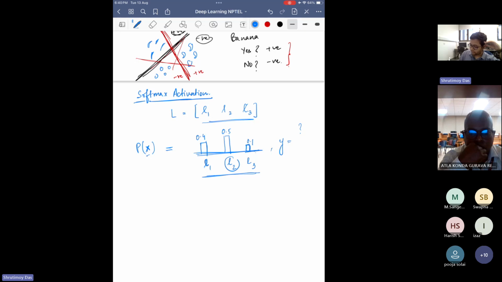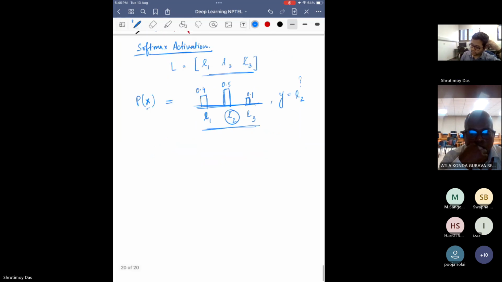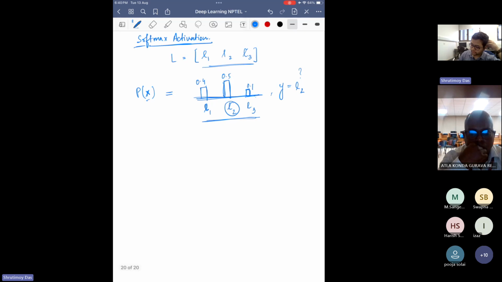Yes, L2, right? So why did you say L2? Because it has the highest probability. So whenever you are trying to learn a model, suppose your true labels are this one, and suppose your predictions are something like this, say y1, y2, and y3.